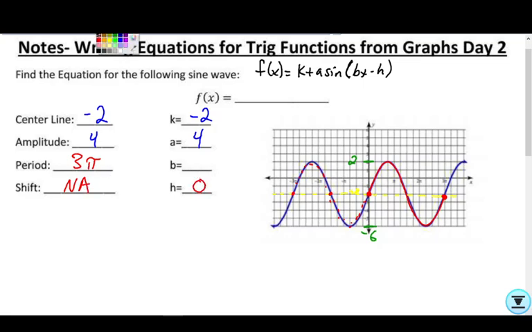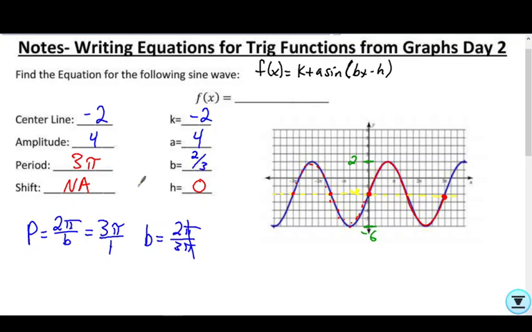So the only thing I have left to do here is find my b. Now the period comes from this equation, 2 pi over b, and we know that the answer is 3 pi. So we're going to work it backwards. Use cross multiplication, so b equals 2 pi over 3 pi, which means b is 2/3.